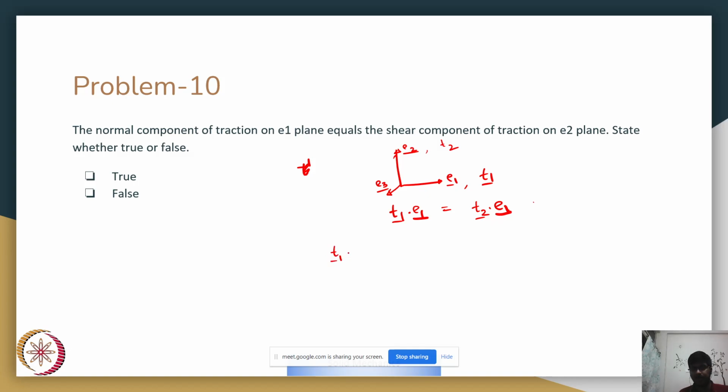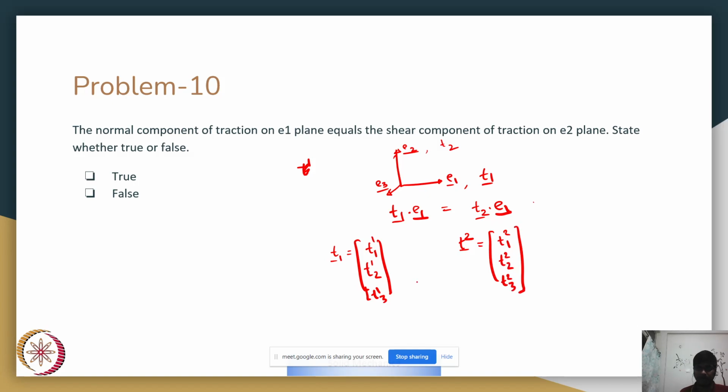If I write down T1 as its vector components, you'll have T11, T12, T13. If I write T2 as T21, T22, T23.